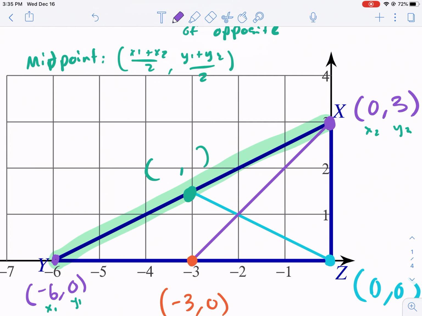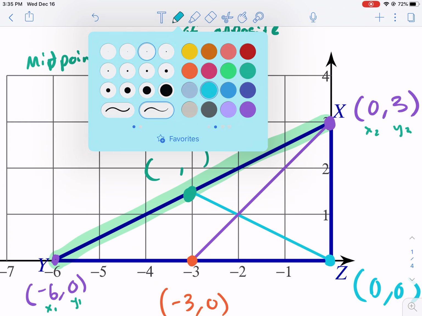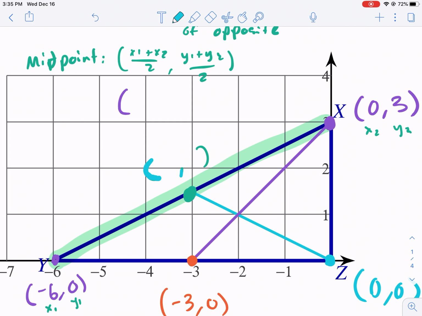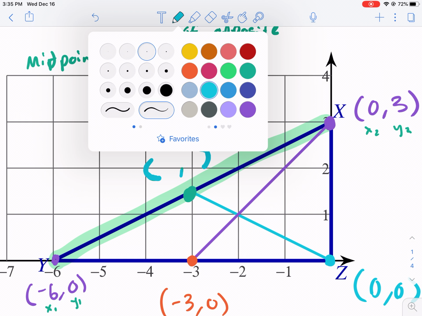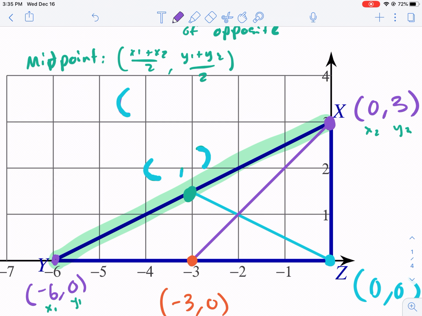Now this last part is my midpoint. I'll change this to blue, just so you can see we're doing this new thing. So my new point is going to be, in purple, my x1 and x2: -6 plus 0 over 2.